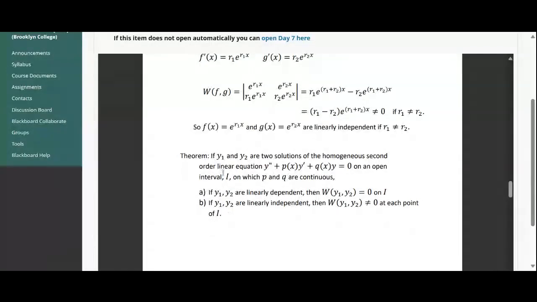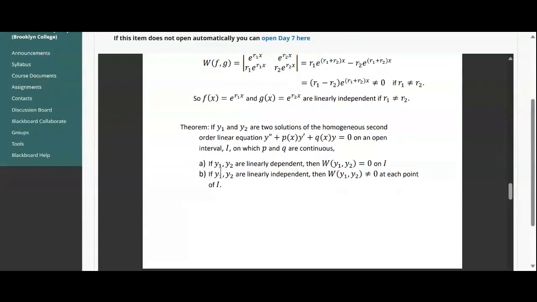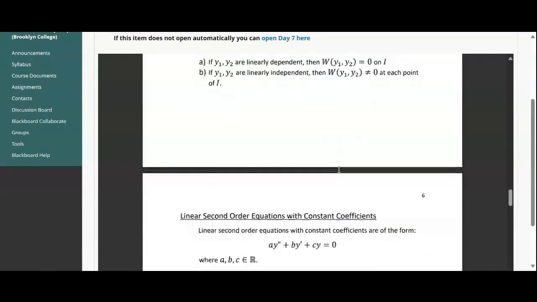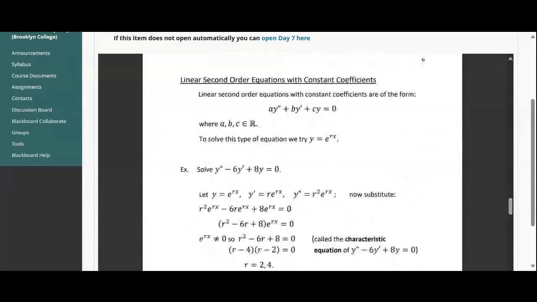Let me stop sharing. Okay, so are you trying to apply this theorem? Yeah, that's what I was doing.